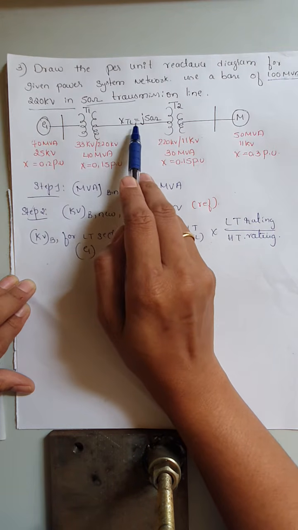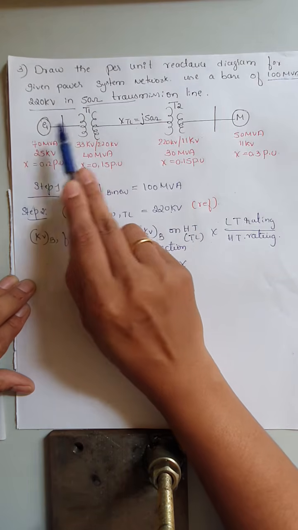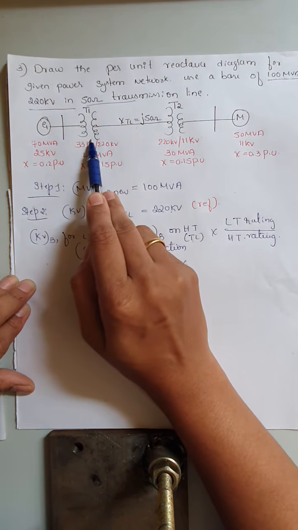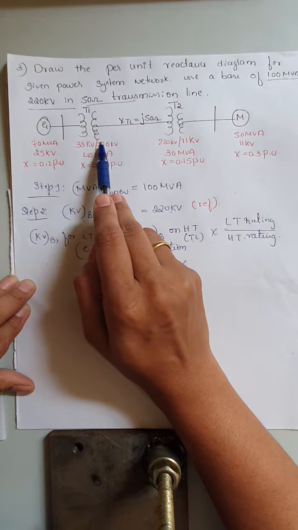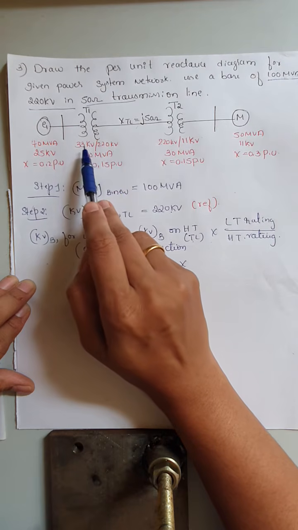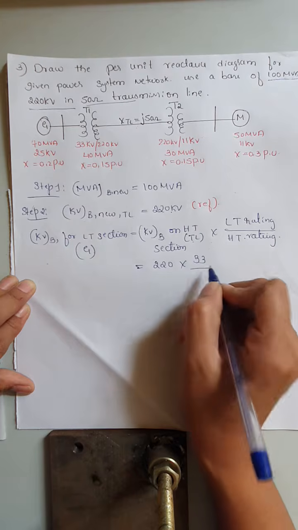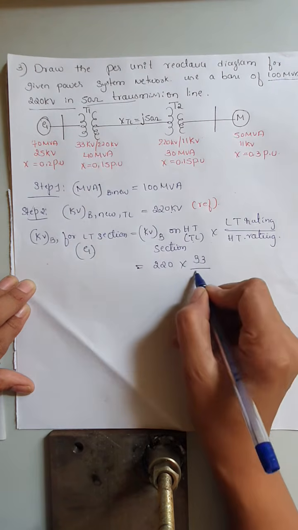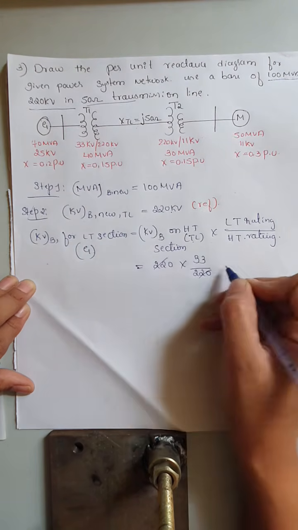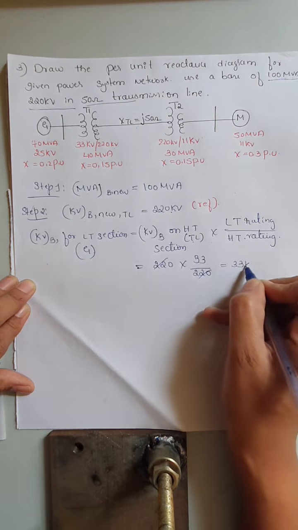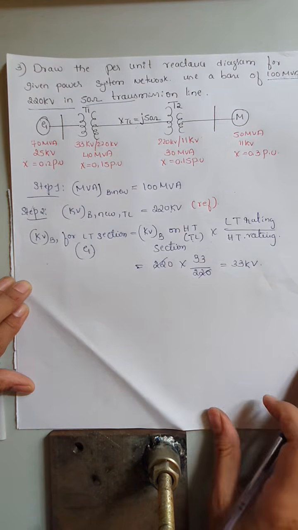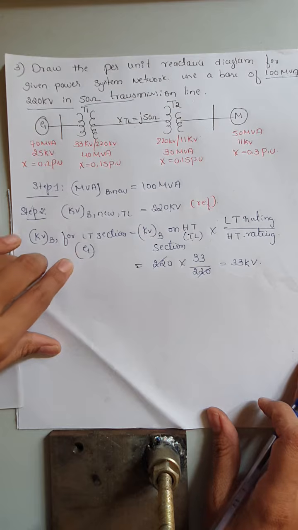In between the transmission line and the generator we have the T1 transformer. So we need to write its low voltage and high voltage rating. The low voltage is 33 kilovolt and the high voltage is 220 kilovolt. So 220 cancels, remaining is 33 kilovolt. This is the base voltage for the generator.